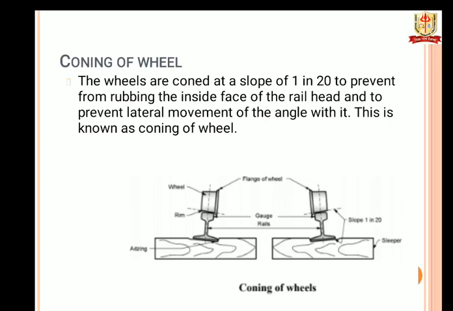This outward slope of 1 in 20 on the wheel tread is called coning of wheel. Again, coning of wheel means the wheels are coned at a slope of 1 in 20 to prevent rubbing of the inside face of the rail head and to prevent lateral movement of the axle with it. This is known as coning of wheel.